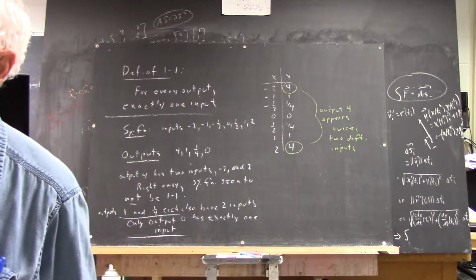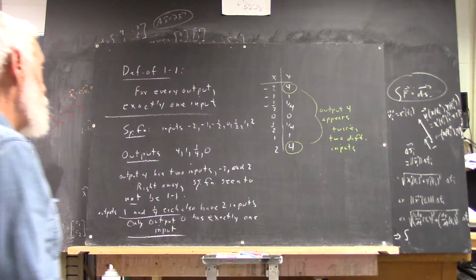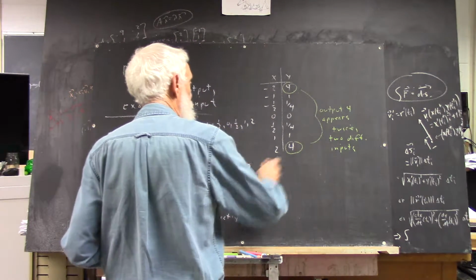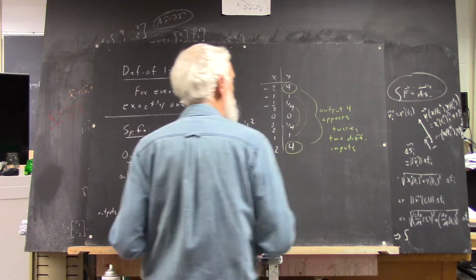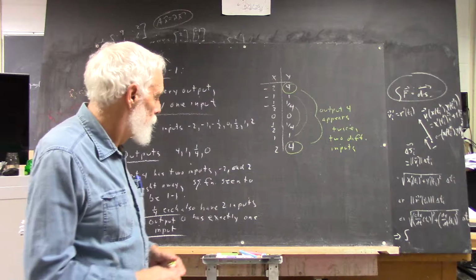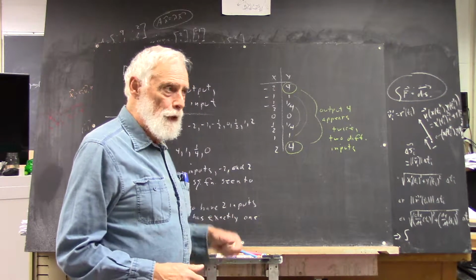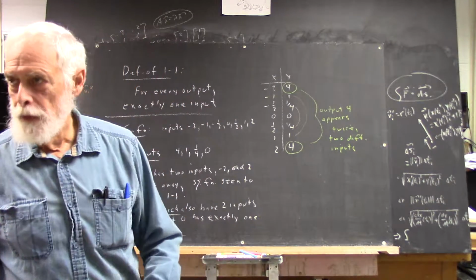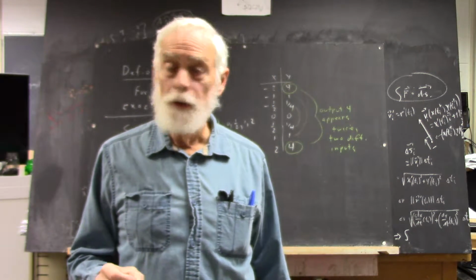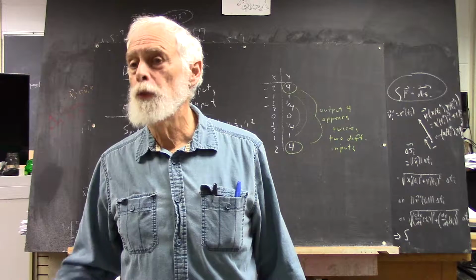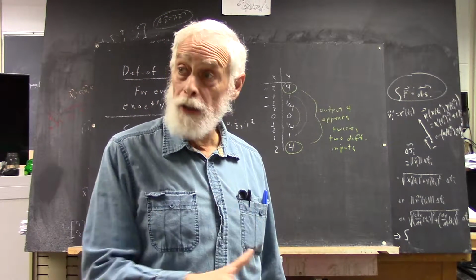And we could say the same thing for outputs 1 and 1/4. And it's clear from the nature of the function that for any number except 0, there are two numbers that you could square to get that number, right?